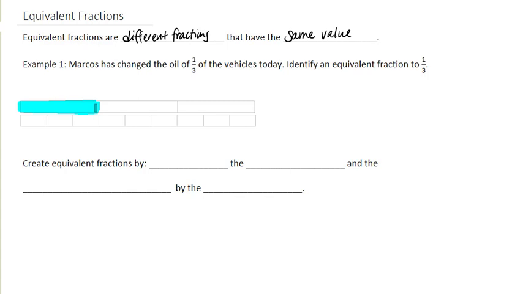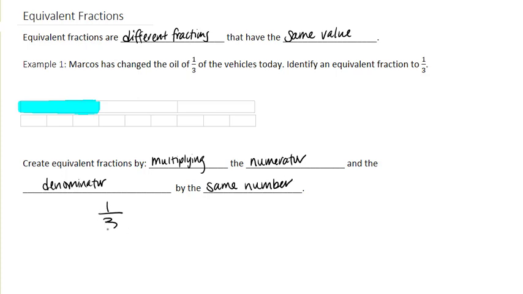Now, to create an equivalent fraction, we will be multiplying the numerator and the denominator by the same number. So let's do that.